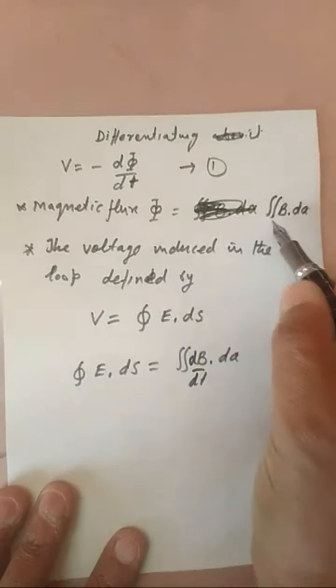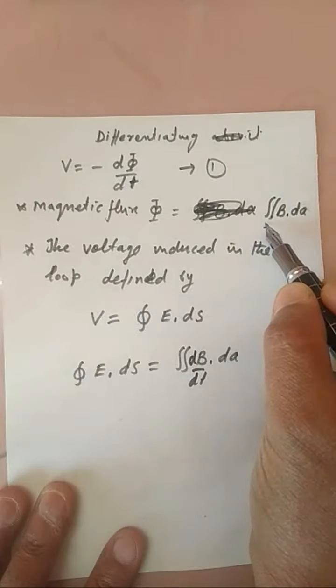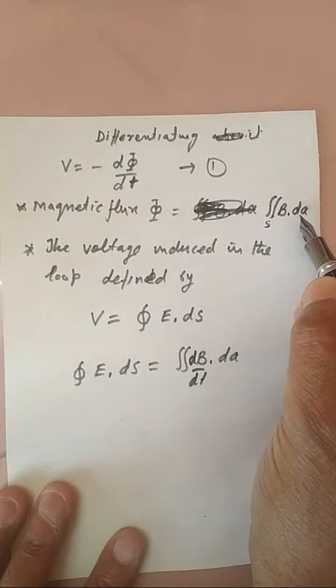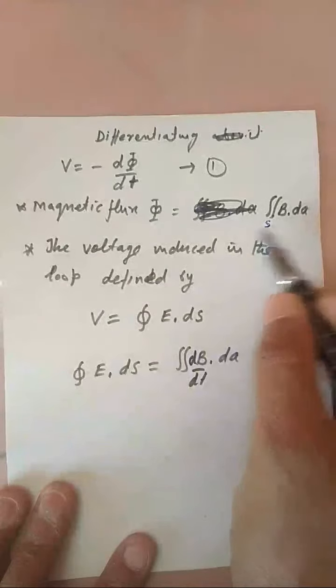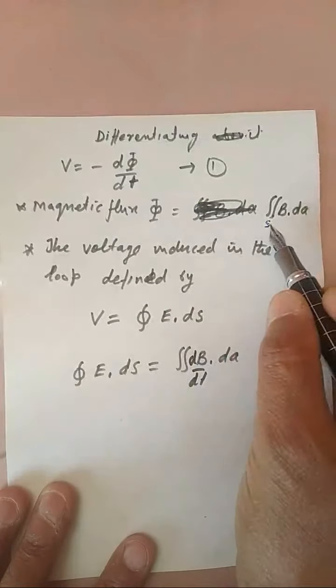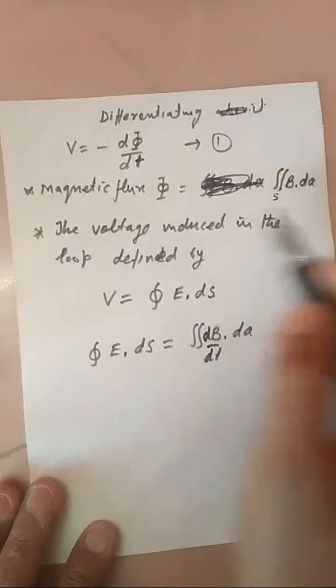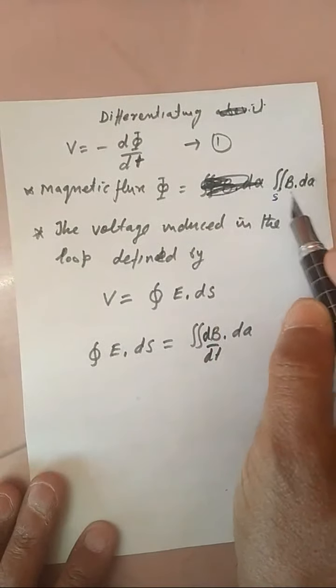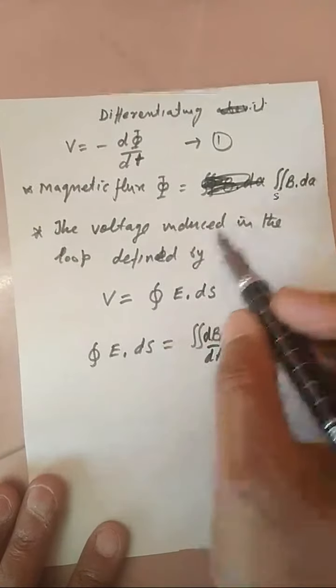The magnetic flux is a surface integral of B dot dA. This is the magnetic flux through the loop, or the magnetic flux around the wire which is linked with the loop.